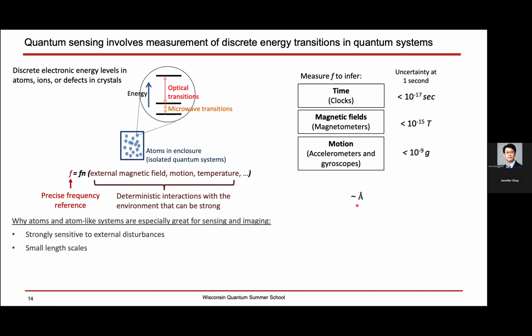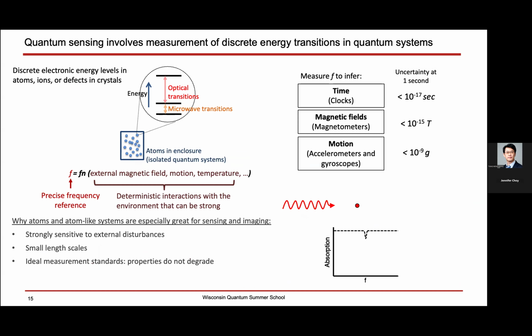One of the nice things about working with atoms is that if you prepare many atoms the same way, as long as they're the same species, they will behave the same. In a way, it's an ideal measurement standard in that individual atoms have properties that don't degrade. If you send in resonant light and look at absorption of a single atom, you'll see a tiny absorption dip.